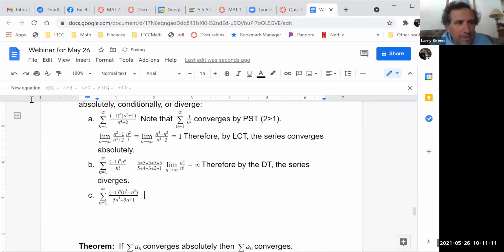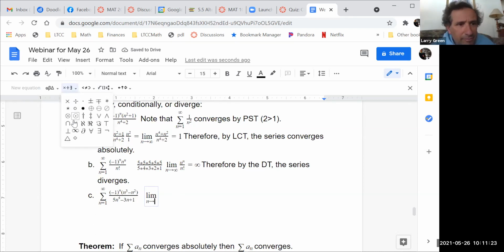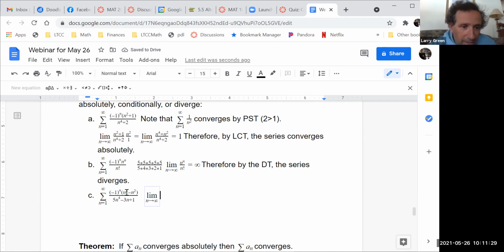So what we can do is we can take a limit as n goes to infinity. And we ignore the negative 1 to the n.